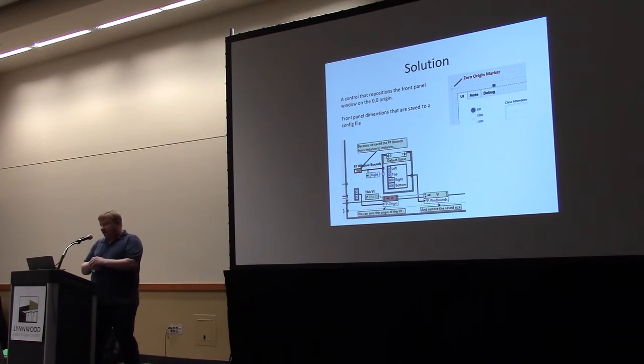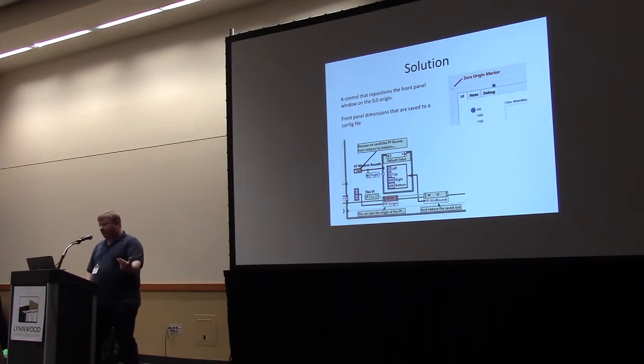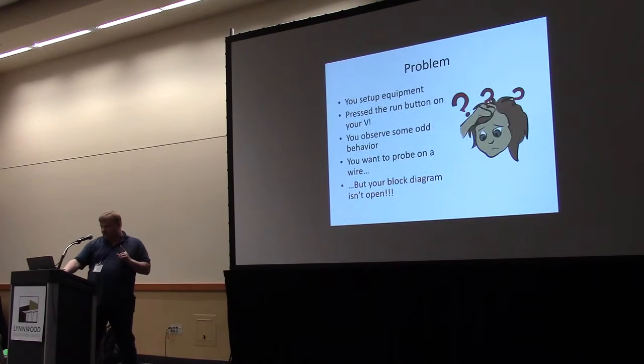If you look at the front panel window bounds, those values are saved, as I previously said, in that config file, and when the program comes up, it reads that and I load that in. If you look in the upper right illustration, there's a little mark on your desktop on the front panel, and it's your zero origin.